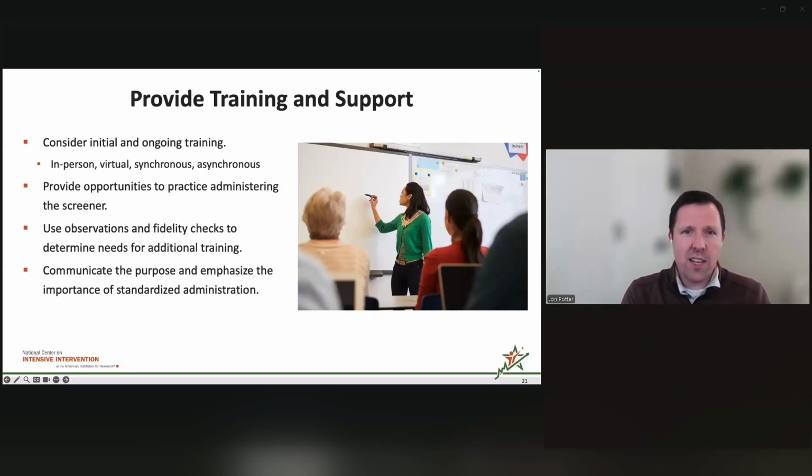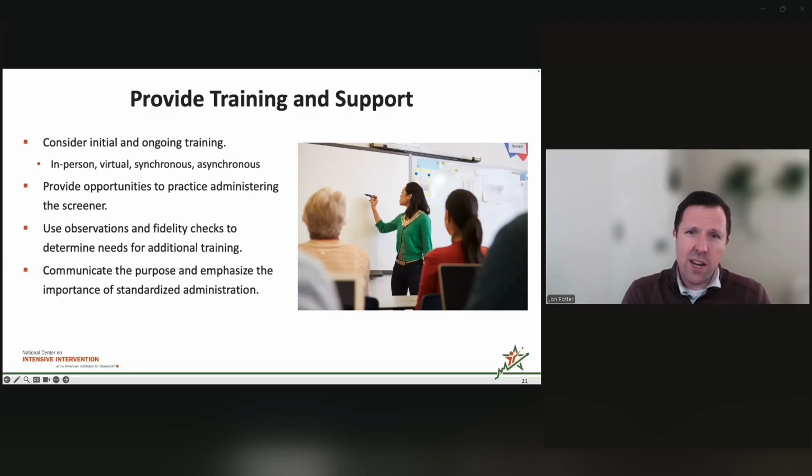And so we want to make sure our staff understands that the purpose of screening is not a high score, it's an accurate score. Many of us have been guilty of this. I know I have, so I will fully admit it. I've been giving screening assessments to my students, and they're right at that benchmark.